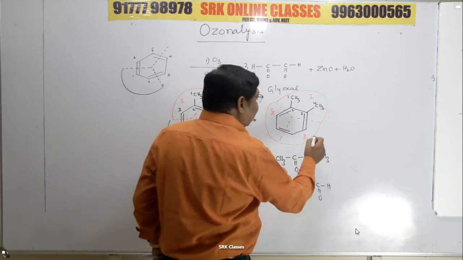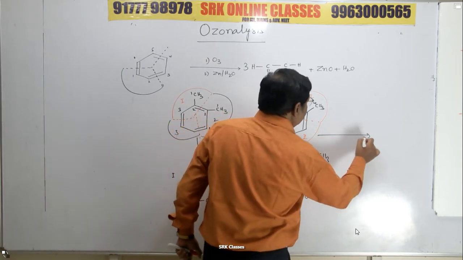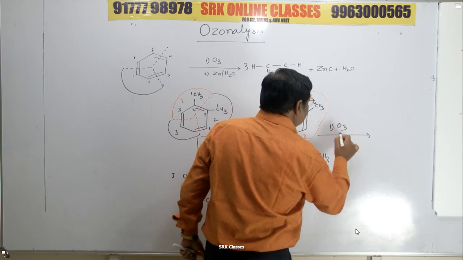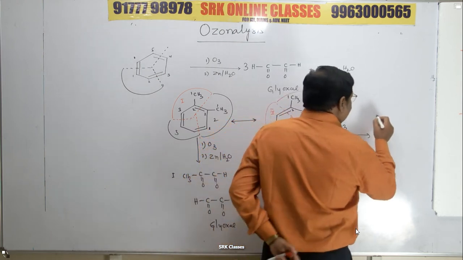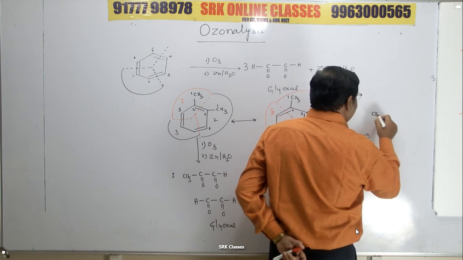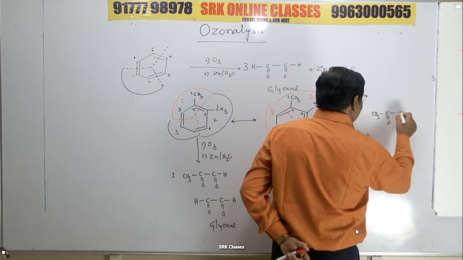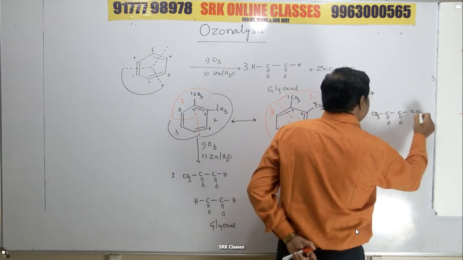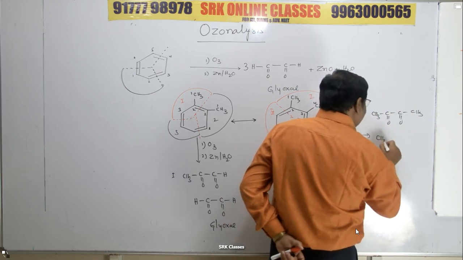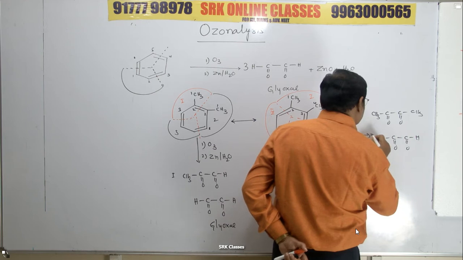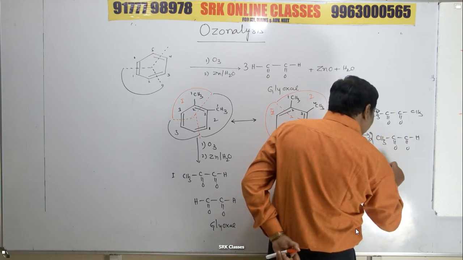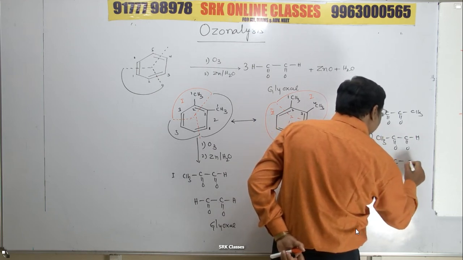Therefore, ozonolysis of this with ozone and zinc and water produces three products: dimethyl glyoxal 1 mole, methyl glyoxal 2 moles, and 3 moles of glyoxal.